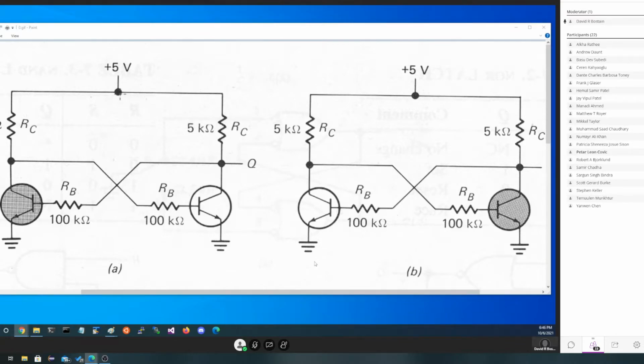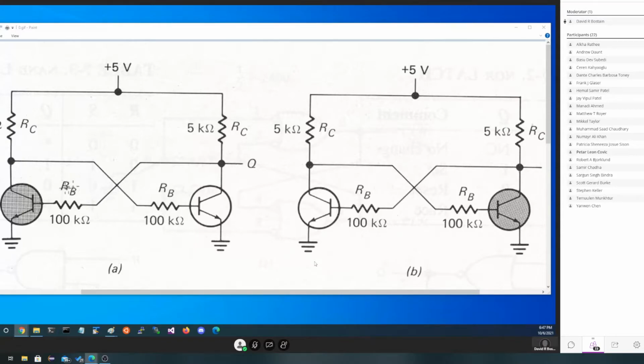If I apply 5 volts here and I move along the wire through a resistor to the base, I'm implying that I can have a path for current to flow into this transistor. However, on the other side, I have the same situation.